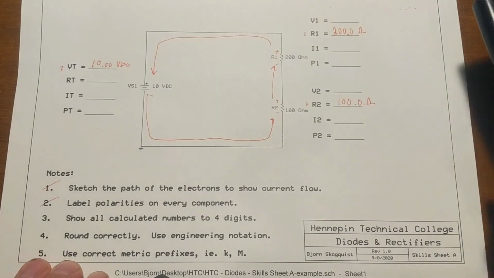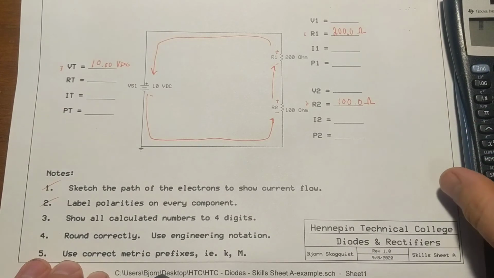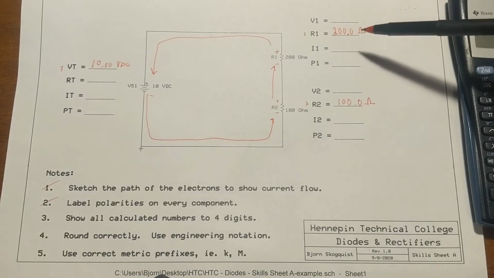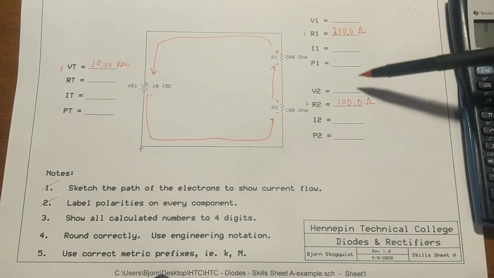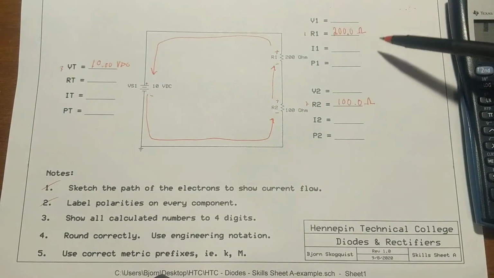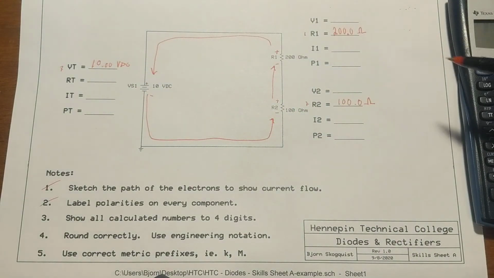It looks like the rest of my notes have to do with calculating things out. So I'm going to pull this calculator closer. Now I know that in a series circuit, my resistances are additive to get me my total resistance. So in this case, I have 300 ohms.